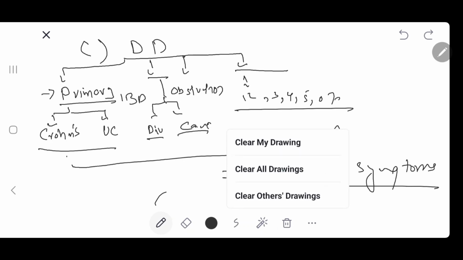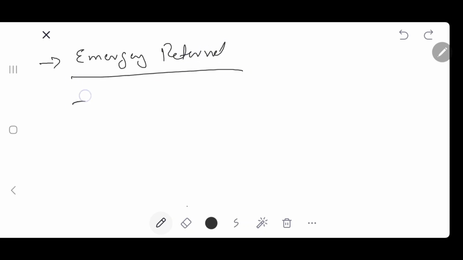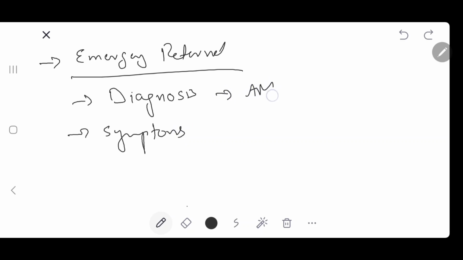Next type of letter as well. That is, you can say, emergency referral. Emergency referral can be in the form of a diagnosis as well. Even we can have the symptoms, such as if we have the AMI, still it's an acute condition.